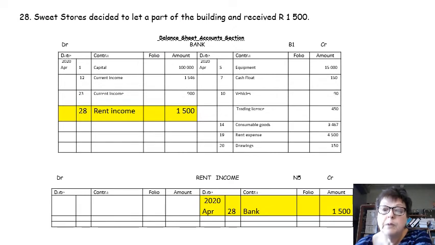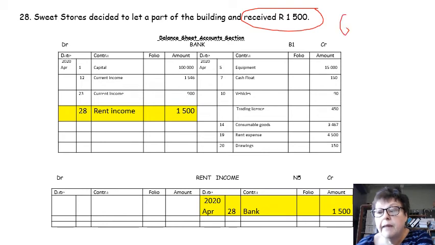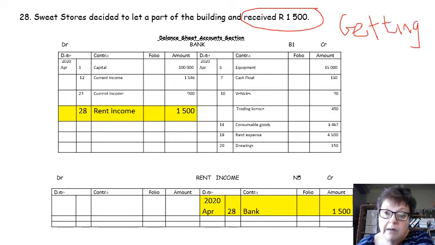Then let me just get our slide there. The Tala Sweet Stores decided to let a part of the building and received 1,500 Rand, which means that we are getting money. Let me write there, getting. So that you can remember, every time we're getting money, money in the bank will increase.